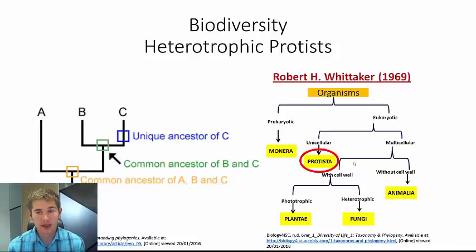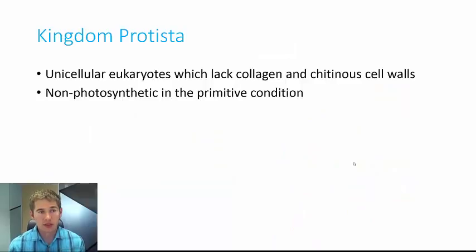These classification schemes are always changing, and because of the huge diversity of protists, attempts have been made to reclassify and narrow down what protists are. So kingdom Protista, they're all unicellular eukaryotes which lack collagen and chitinous cell walls, so they lack some of the structural components.